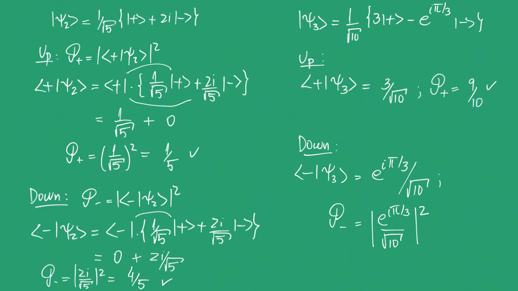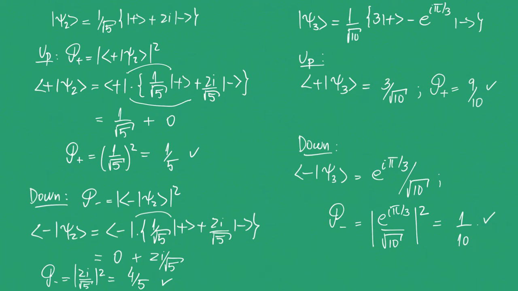So here we have a complex number involved. The modulus squared of a complex number is defined by the complex number times its complex conjugate. In this case here, it will give us 1 over 10. That's the probability of finding spin down if a measurement is made on the quantum state ket psi 3.